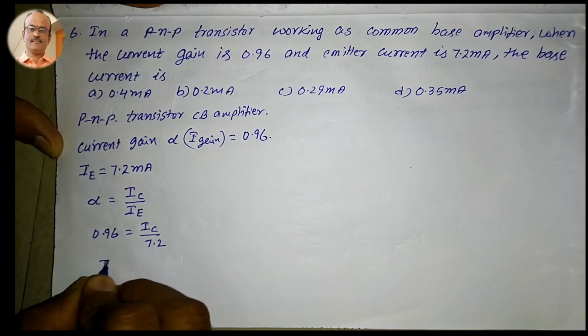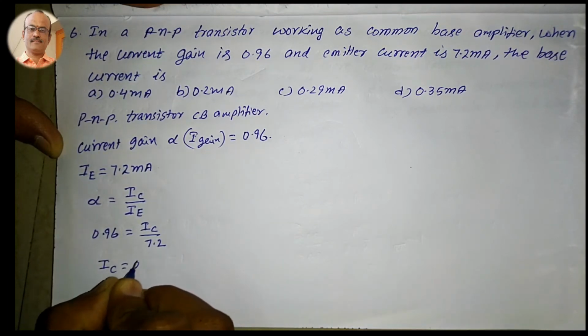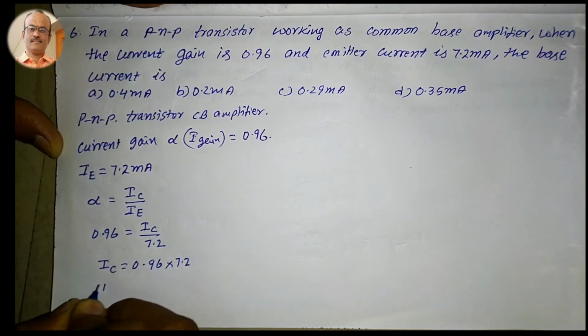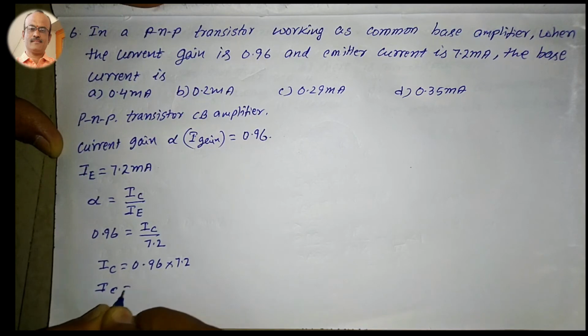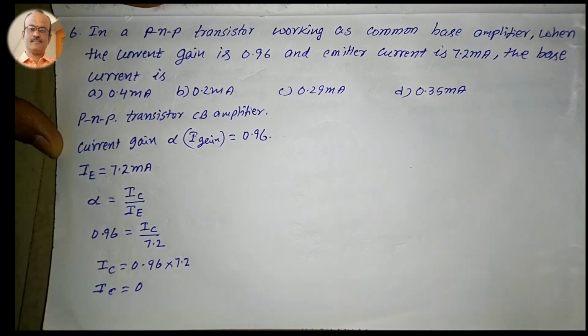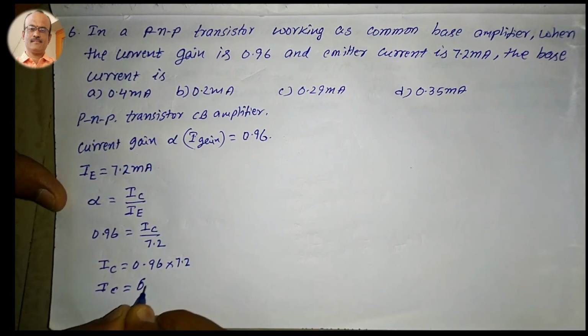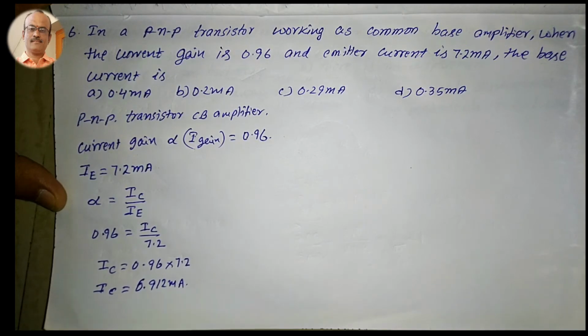So that means I collector is equal to 0.96 into 7.2. So here I collector is equal to 6.912 milliamperes.